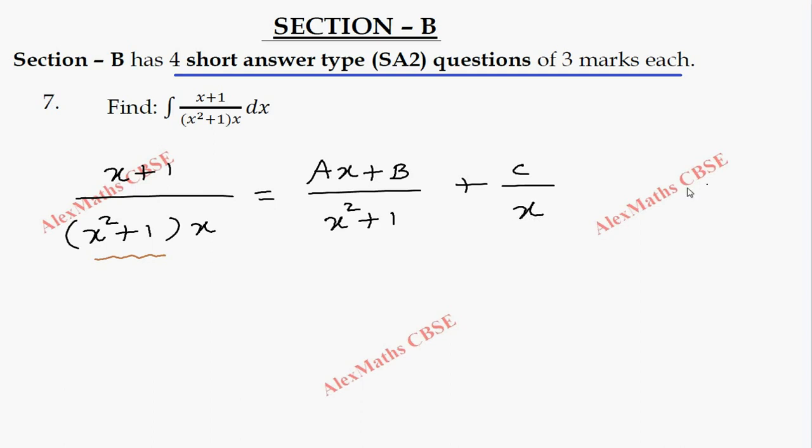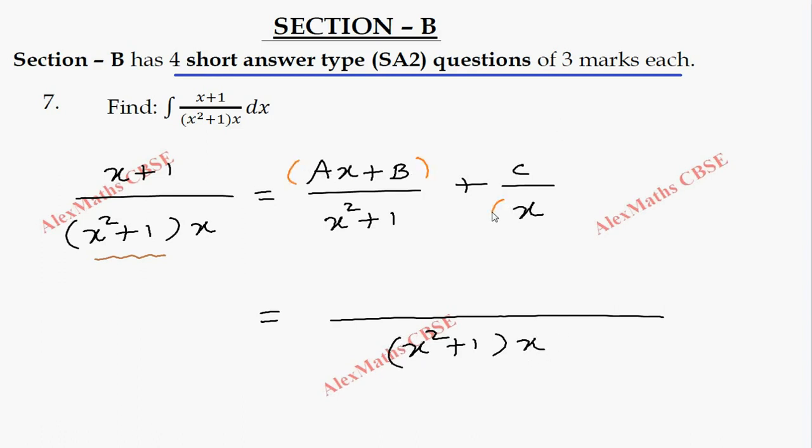So we use the partial fraction rule. Now we take the LCM. So the LCM is x square plus 1 into x. Now this part is multiplied with this x. So we get ax plus b into x plus, and this part is multiplied with c.